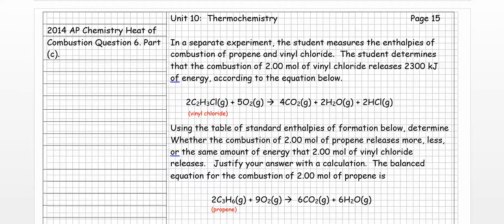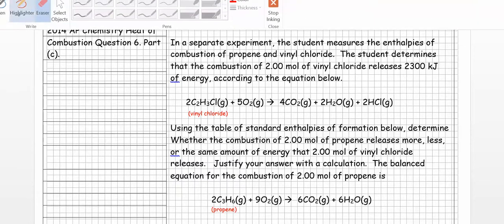It says, in a separate experiment, the student measures the enthalpies of combustion of propene and vinyl chloride. So the first thing to do is relax and not panic. Enthalpies of formation. What do we mean by enthalpy of formation?